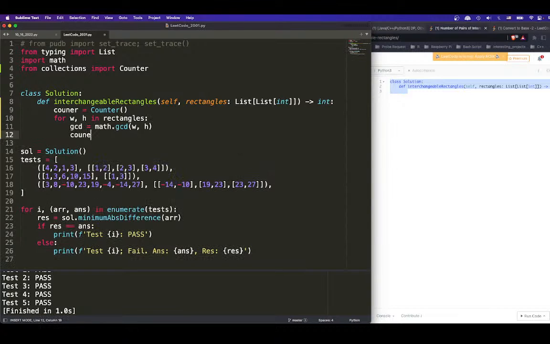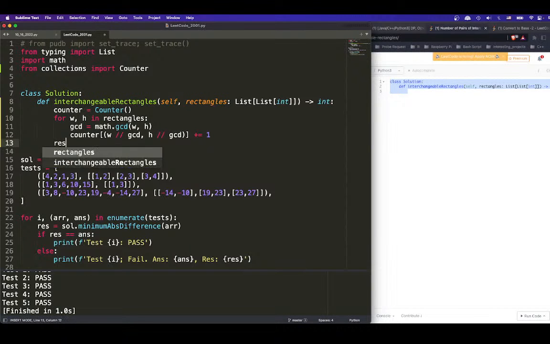And then we say counter of something, right, plus equal 1. What is this something? That something is W divided by GCD, H divided by GCD. Right. And once we're done, we say res equals 0.